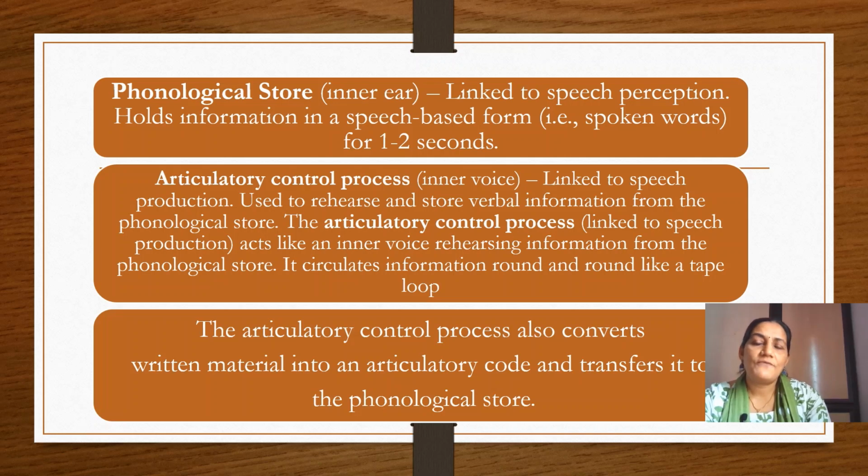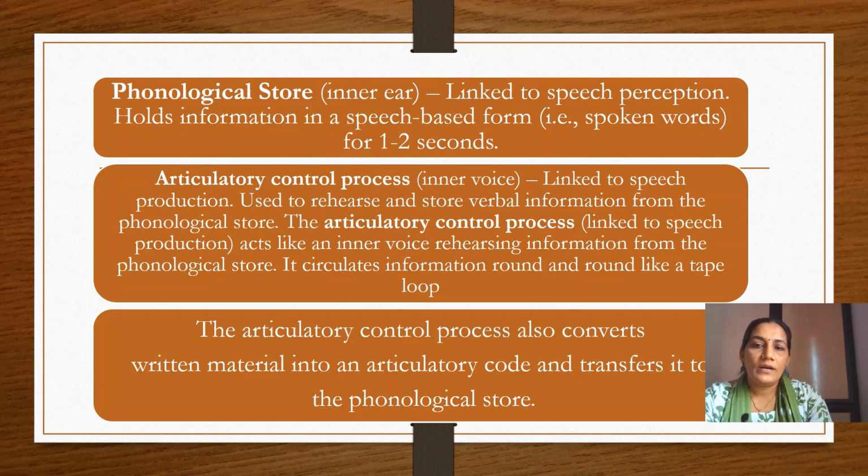It circulates information round and round like a tape loop, and this is how we remember a telephone number we have just heard, or the number of reserved seats in a bus or train. We can remember it for a very few seconds. All this information circulates round and round like a tape loop.